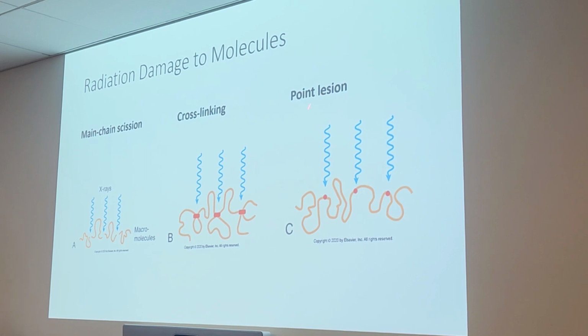And then point lesions, right? So this is going to be our single strand break. So double strand break, single strand break, and then covalent cross-linking. Comes full circle, just like a ring chromatid.